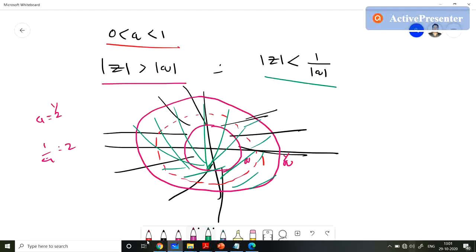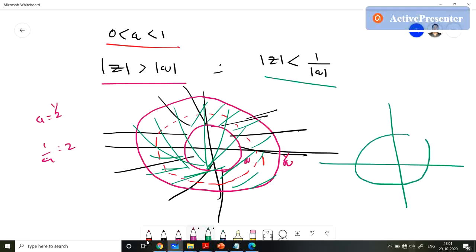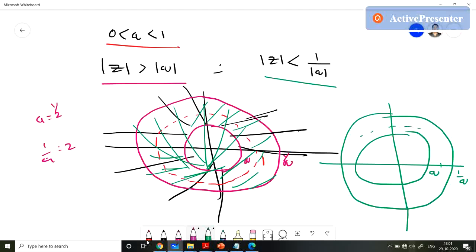Now if we see the common ROC, then the common ROC is an annular ring. So there is a ring, an annular ring, and this is the common part. This is A, this is 1 by A, and this is the unit circle.